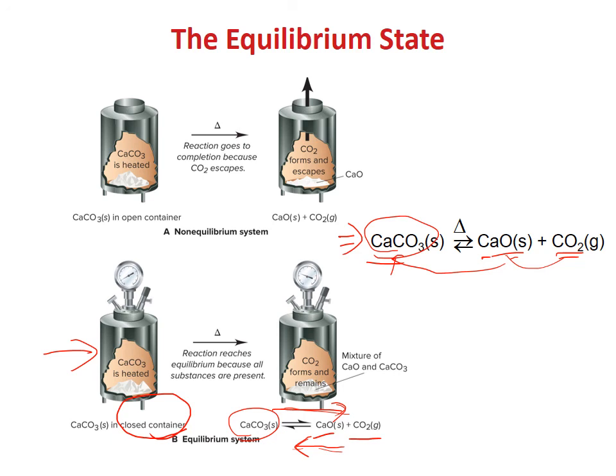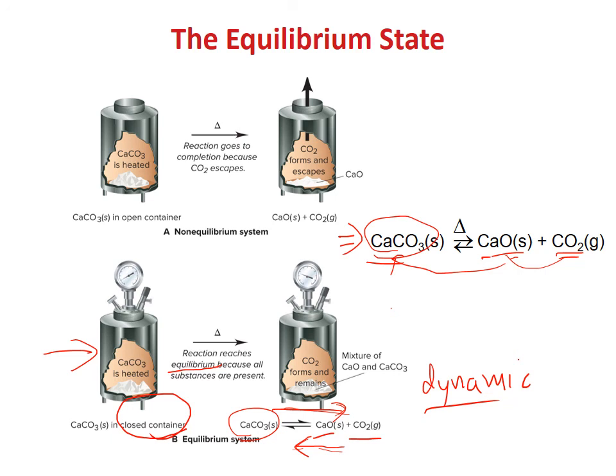At this point, the reaction reaches equilibrium, also called dynamic equilibrium. The forward reaction and the reverse reaction still proceed, but they have the same reaction rate. So the amounts of reactants and products remain constant. They do not change, and that's the equilibrium.